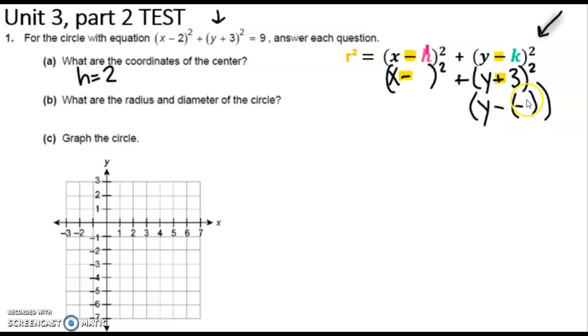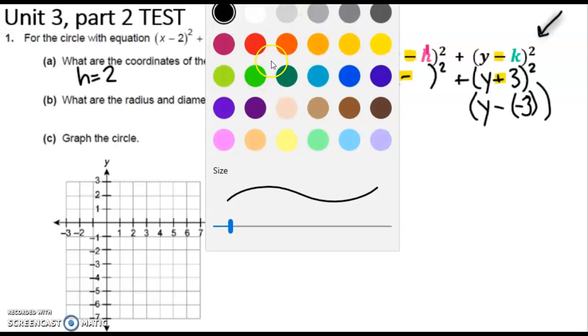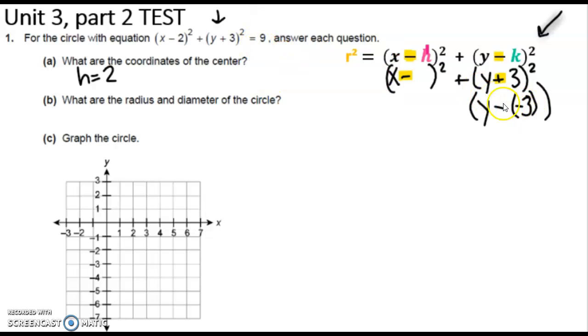So remember, 2 negatives make a plus. So k is really equal to -3. Because like I said, if you take the minus a negative, this would become a positive, making it y plus 3. So my y is equal to -3.